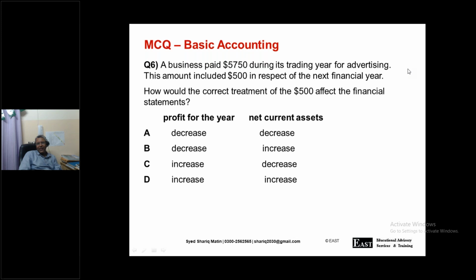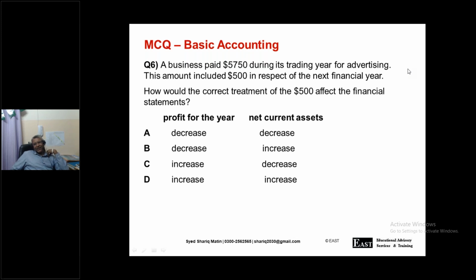In this question, the business is paying an advertisement expense, which is supposed to be 5,250, but it has been overstated by 500, and the wrong amount has been entered in the income statement.